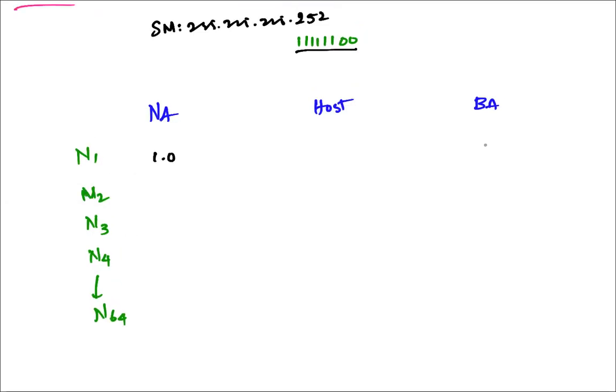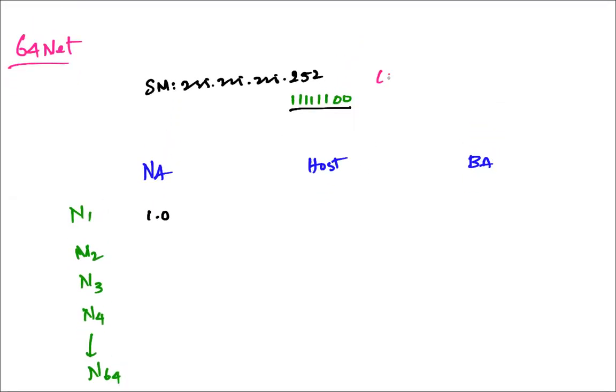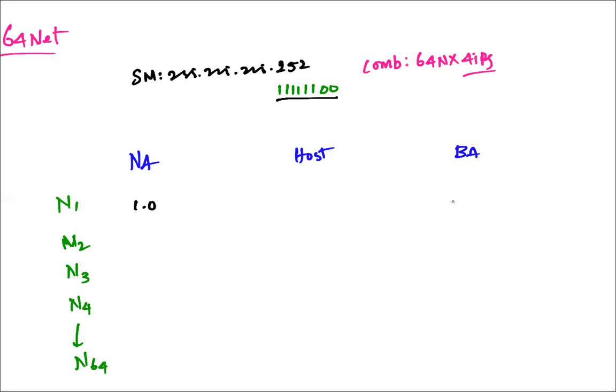Sorry, the combination I forgot to write. That is why I say combination is important. What is combination? 64 networks into how many IPs? 4 IPs, correct? So we're going to have only 4 IPs in a network. So 1.0 to 1.3. Okay, host IP will be 1.1 to 1.2.